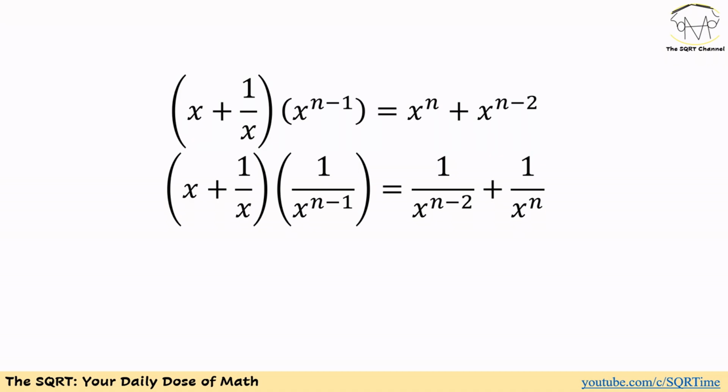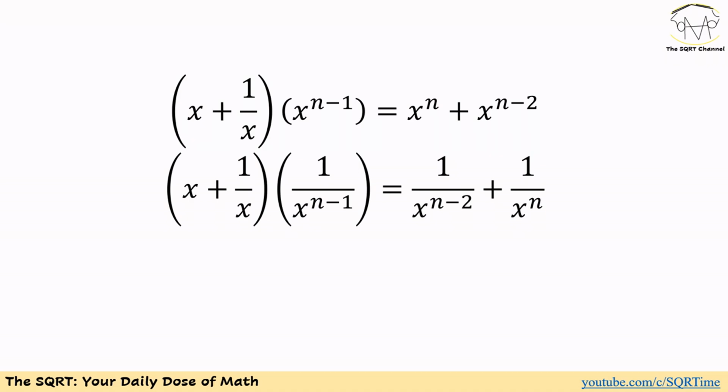On the other hand, if we multiply x plus 1 over x by 1 over x to the power of n minus 1, then we end up with 1 over x to the power of n minus 2 plus 1 over x to the power of n. Note that on the left hand side we have x plus 1 over x, and we also have f of n minus 1 of x.